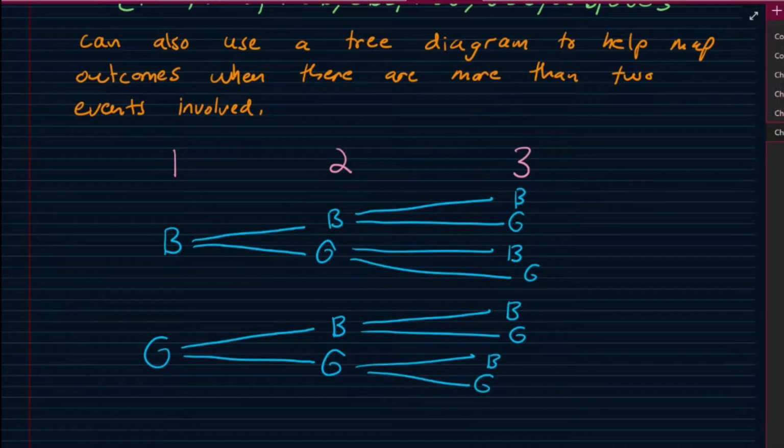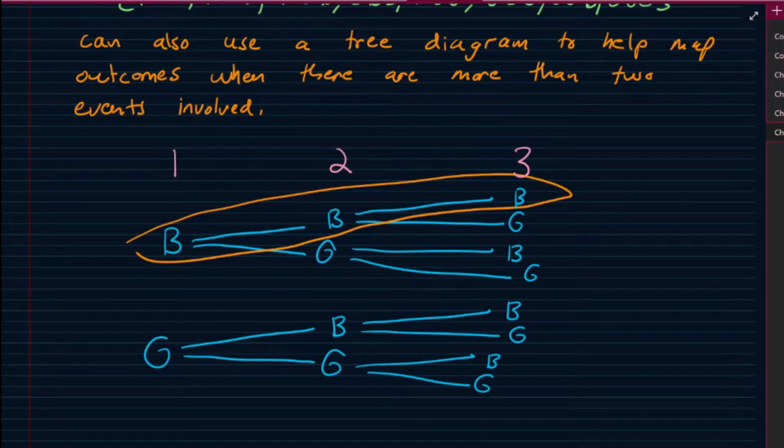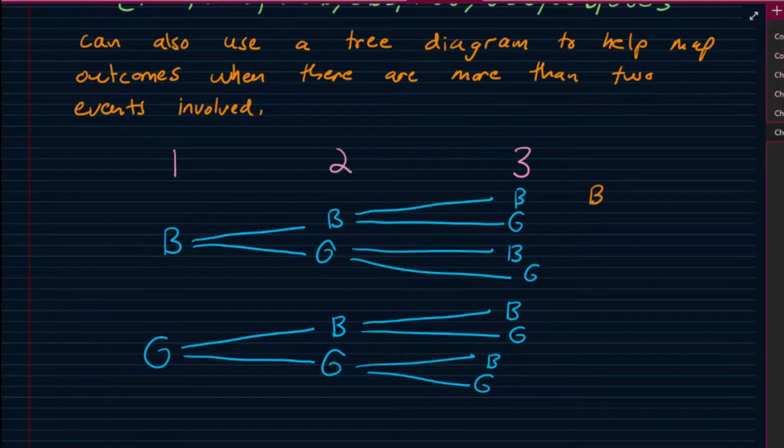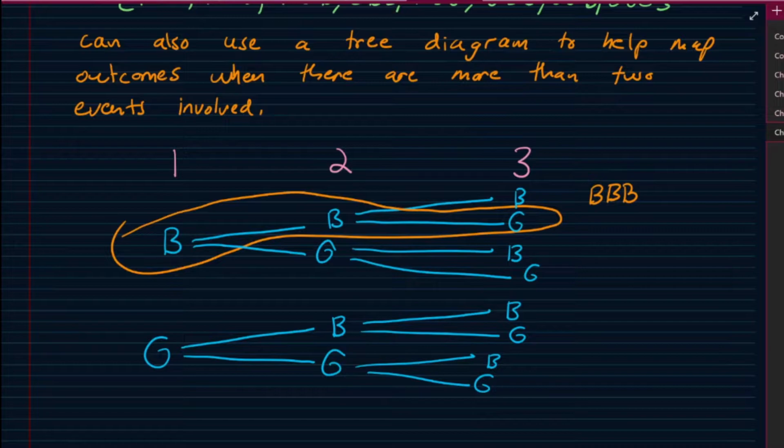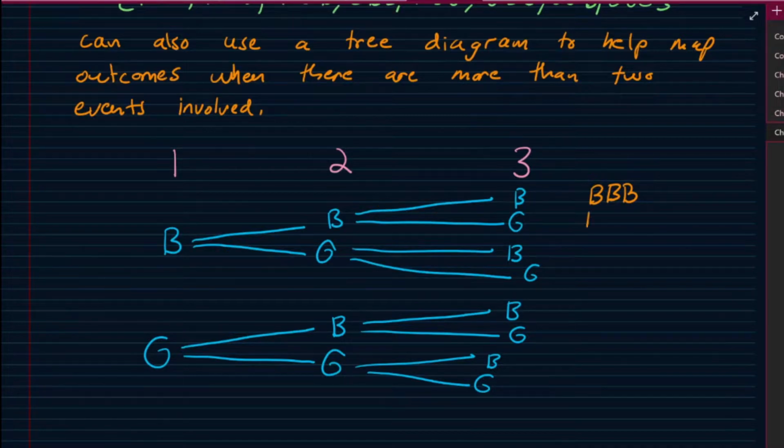Then you look at each path from left to right, and that gives you an outcome. So tracing the tree this way gives an outcome. That's boy, boy, boy. Then the next possible outcome would be BBG. You just go down the list. The next one will be BGB, and then BGG.